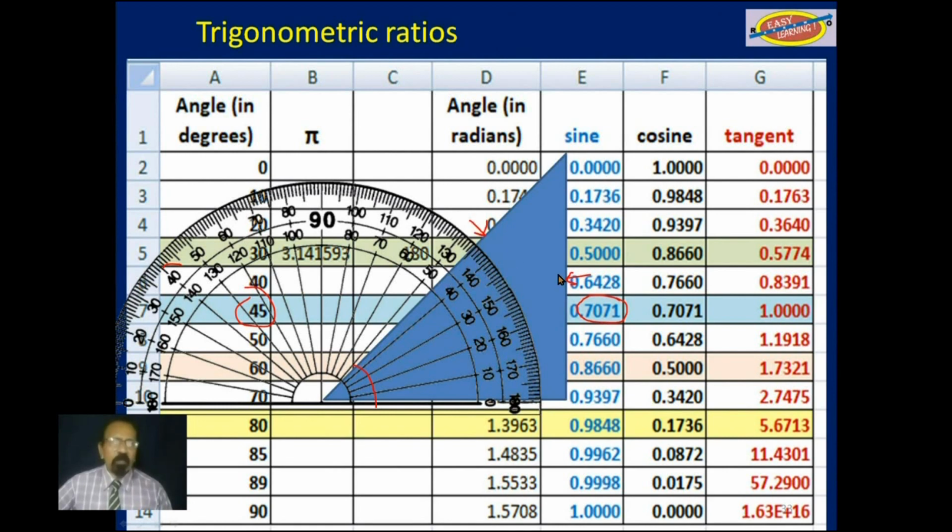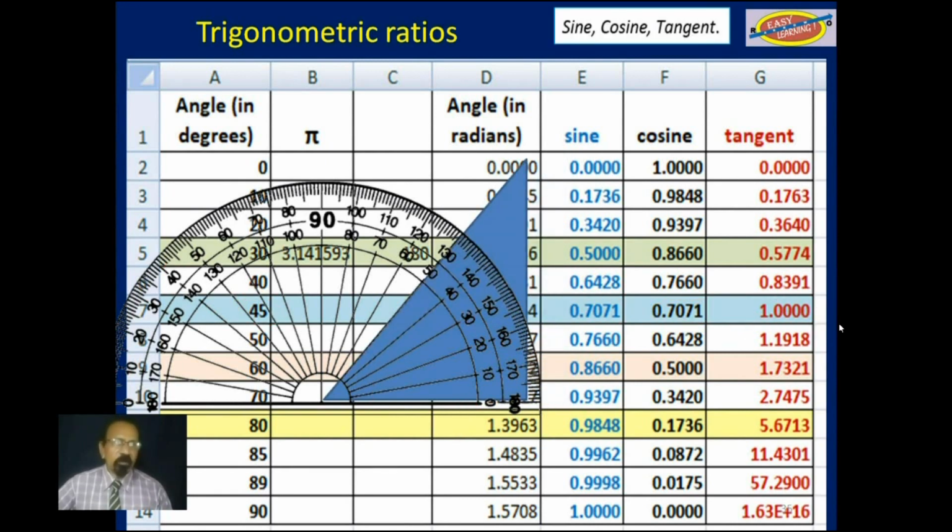If you find the cosine, then this side is 0.707 of that. And of course, if you find the tangent, because the opposite is the same as the adjacent, you will get an answer of 1. And so on. So now you understand the concept of the trigonometric ratios. We can go through this and do a whole bunch of other examples.